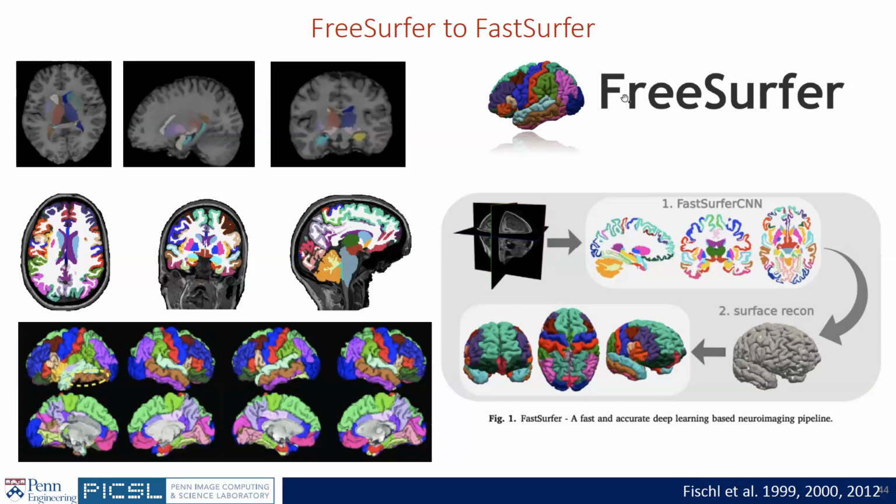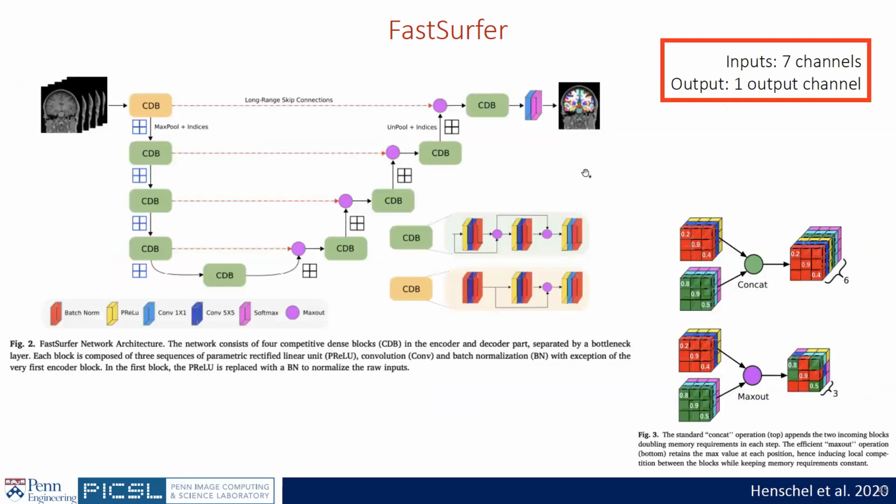So the goal here is to take your input image and segment it into different levels. Another variant of the way that you can train your neural networks: right now we were training our network on 3D patches.